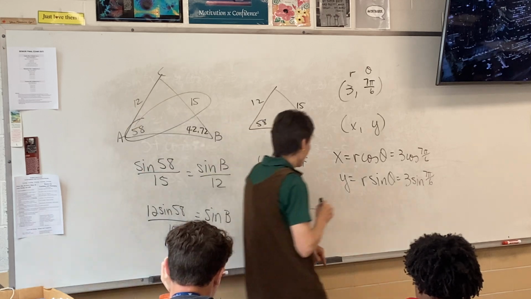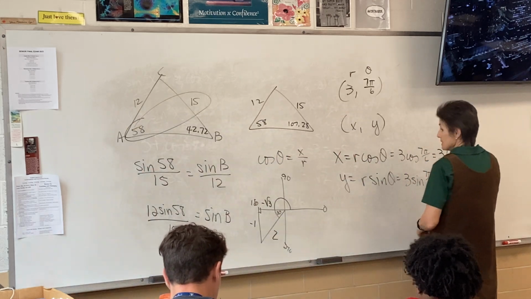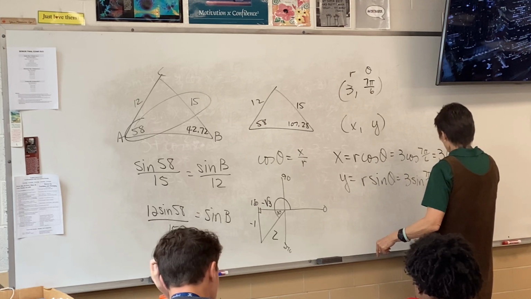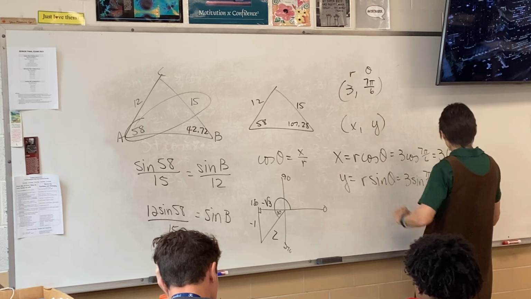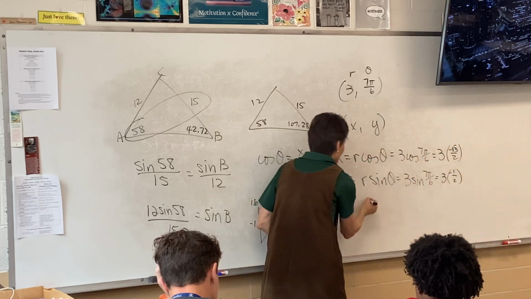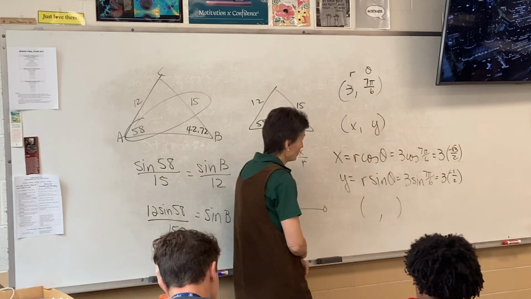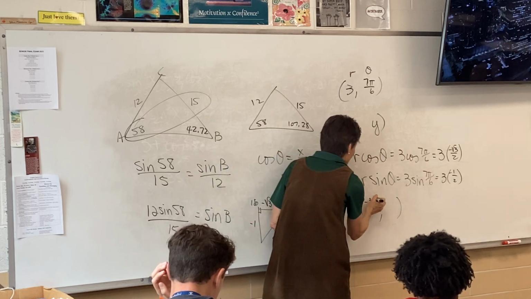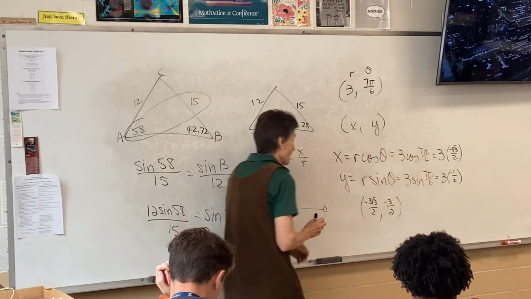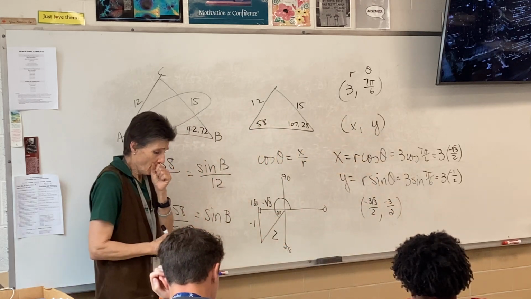So cosine is adjacent over hypotenuse, and sine is opposite over hypotenuse. So it looks like our rectangular coordinates are negative 3 root 3 over 2 and negative 3 halves.